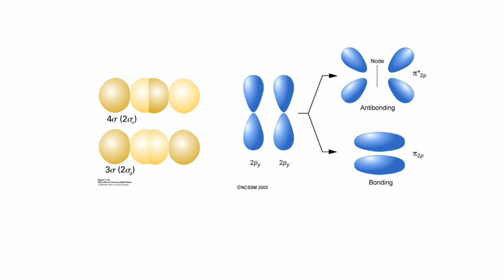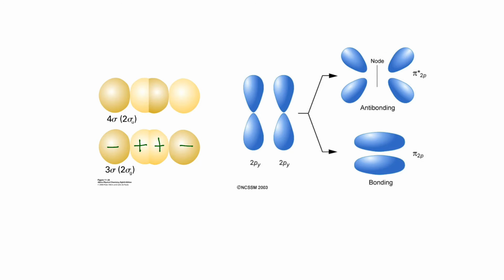Okay, so here would be the overlap between 2pz orbitals. Remember those, we're going to call this horizontal axis our z-axis, just as a convention. So these would be the overlap of, let's say, negative and positive and positive and negative.